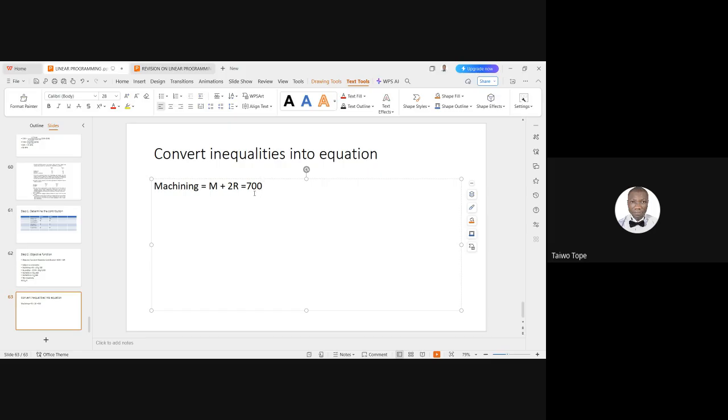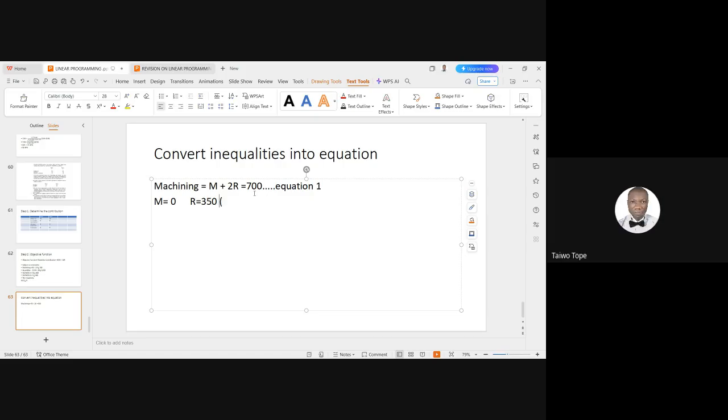For equation 1, when M is 0, what is R? I don't need to show too much drama again. R is equal to 350.